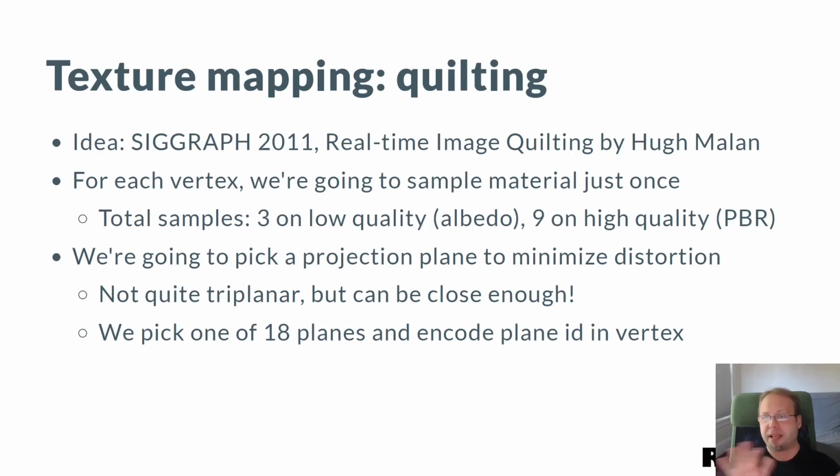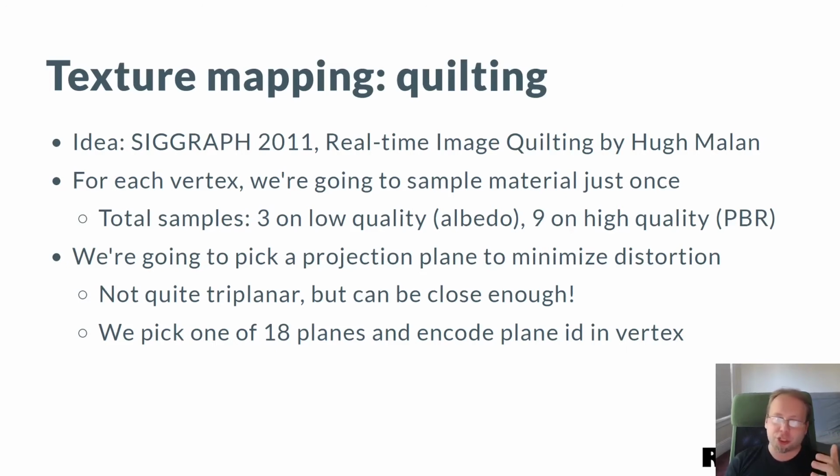And then you overlay many different patches like this, and in combination these end up defining your visuals. So for each vertex we're going to do only 1 texture sample. This means that for a triangle, we do 3 in total if you only care about albedo, and 9 if we also care about normal and roughness. Now, how do we make this projection?